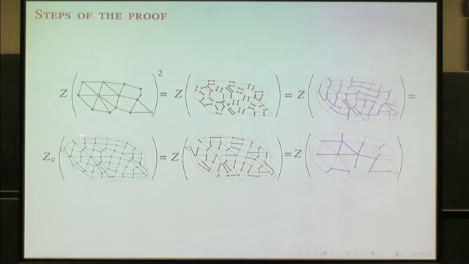Then from these spanning trees, we construct dimer configurations of the double graph. And once you're there, Temperley's bijection between the dimer model on the double graph and spanning trees allows us to conclude.